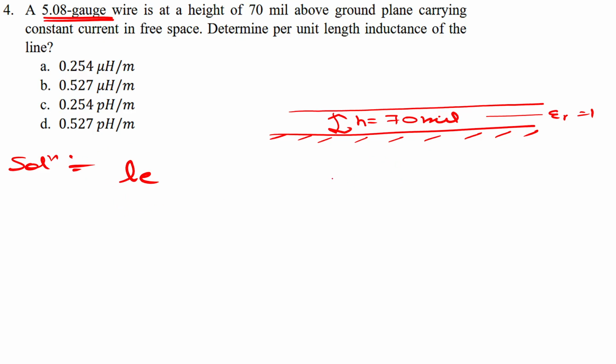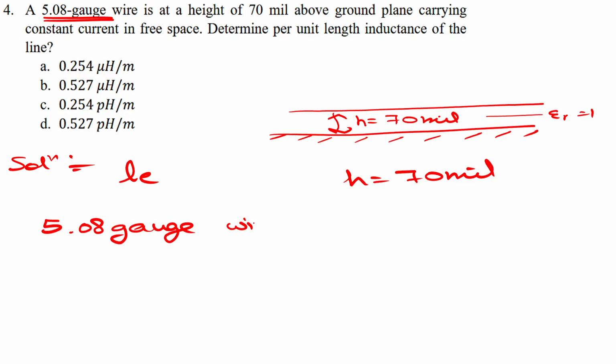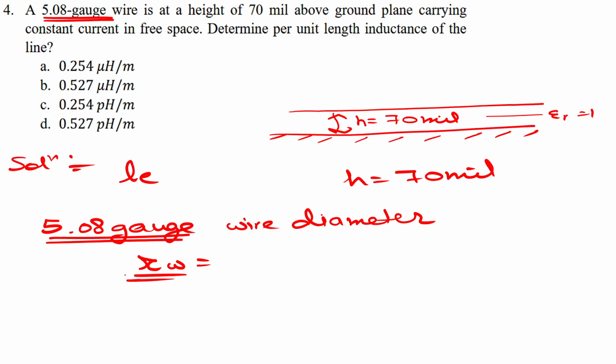So first, height above the ground plane h is given as 70 mils, and the diameter of the wire is 5.08 gauge wire diameter. I'm just taking whatever was given in the problem solutions. There they have taken it as 0.0254 centimeters.